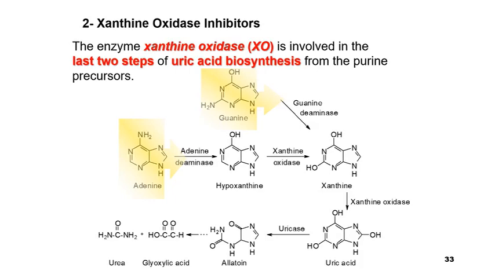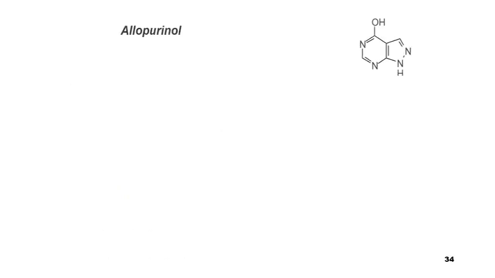So the biosynthetic pathway of uric acid has one very important enzyme, xanthine oxidase, which is capable of introducing OH functions on the hypoxanthine, producing xanthine and uric acid. Inhibiting this xanthine oxidase enzyme will certainly reduce the biosynthesis of uric acid.